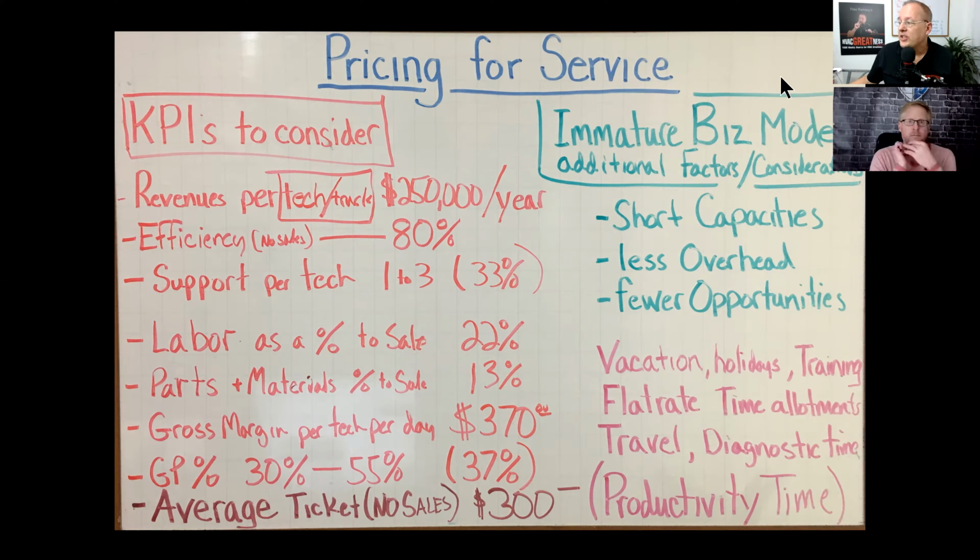Okay, so let's say that you're an immature business model, meaning you're not at full capacity. And if you're watching this, odds are everybody on this call is inefficient, immature. We all need to get our business up to that level, right? I say that because most people don't have it at this level. This is a successful business model in which your installation department is always billing, always has a job.